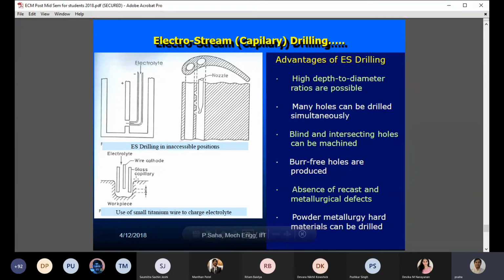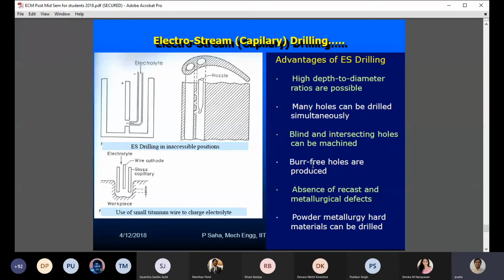This glass capillary reaches up to the job, and through it, of course, the electrolyte flows. It gets charged because of the high voltage applied between the job and the tool. These negatively charged particles, with the high voltage, quickly react with the workpiece. So the result is we can get burr-free holes.